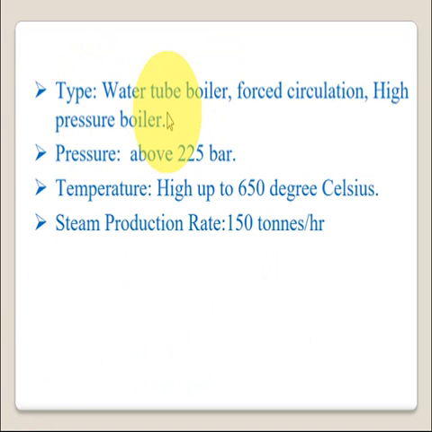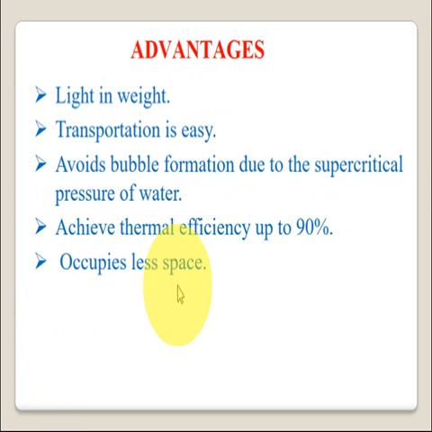So the Benson boiler is a water tube, forced circulation, high pressure boiler. Pressure is up to 500, 600 bar, and temperature is also high, up to 650 degrees Celsius, and the steam production rate of the Benson boiler is also high, about 150 tons per hour, and it is used in power plants for generating electricity.